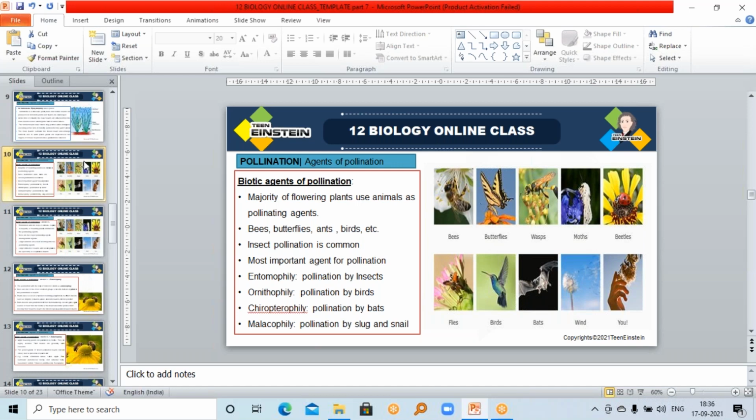In the picture you can see so many biotic agents. All of these are helping in pollination, working as pollinators. You can see bees, butterflies, birds, bats.